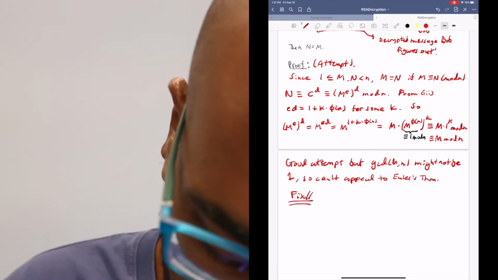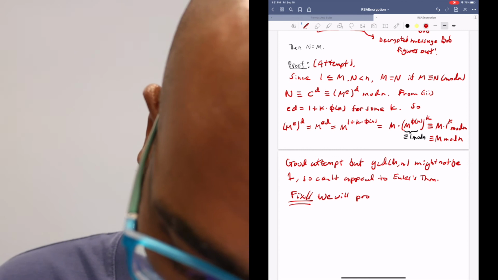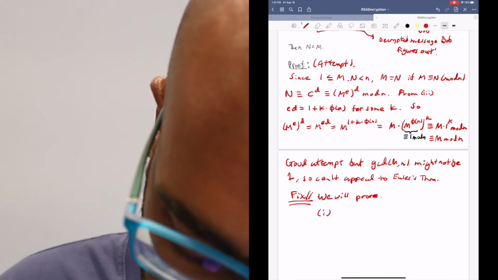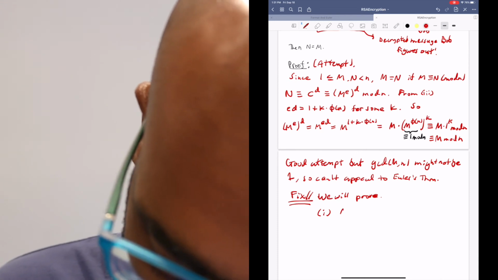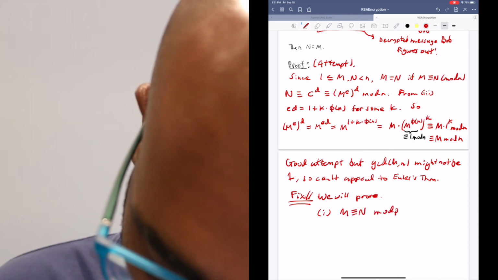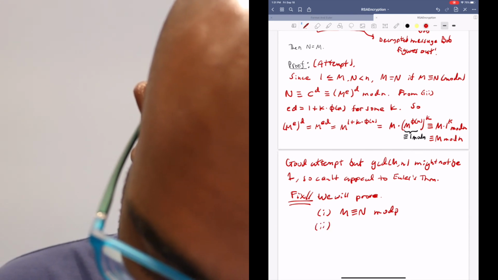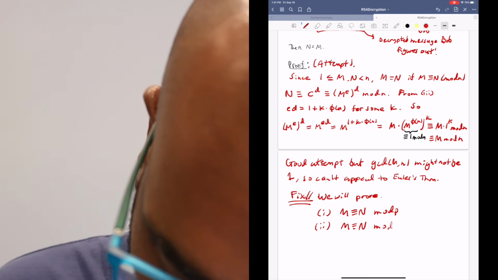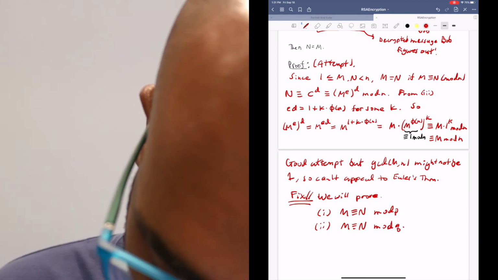Okay, so what's the fix? What we'll do is we will prove two other things. The first is that M is congruent to N mod p, and then that M is congruent to N mod q.